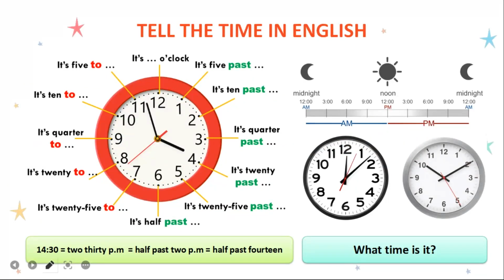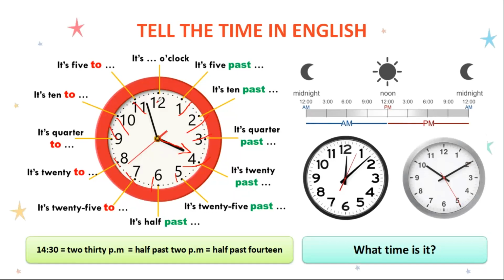Okay, so here it is. If the small hand, okay, look at this one, Kim. This is 4. Okay, so this is the small hand of the clock. So what time is it now? It's 4. Then you will count by 5. Okay, can you please count by 5? 5, 10, 15, 20, 25, 30, 35, 40, 45, 50, 55.